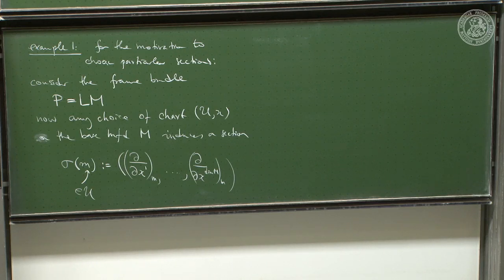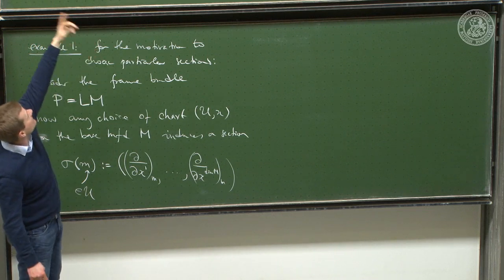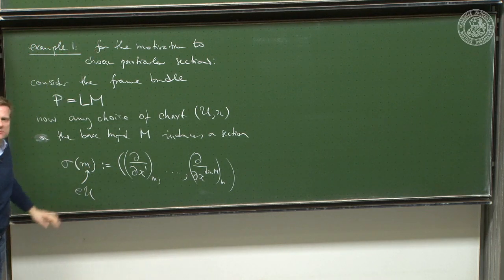You have your coordinate map, and now to this point you attach the frame that's induced from the coordinates at that point. Very natural. So choosing coordinates down here on the U immediately induces a section in the frame bundle, namely this one. So it has to do with the choice of coordinates.